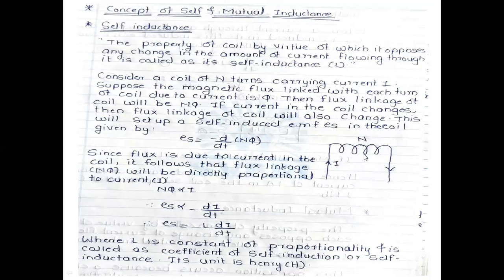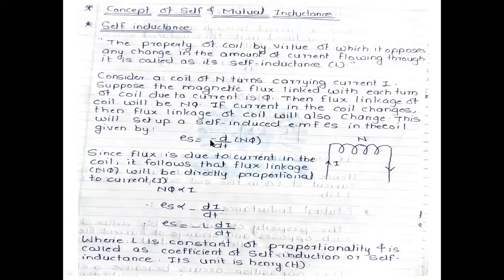Self means the same conductor only: the same wire is used, and the current of this conductor is changed, so that EMF is induced. So that is called self-induced EMF. Self inductance is nothing but opposition to this change in current. Self-induced EMF means the EMF induced in this coil because of changing the same coil current.